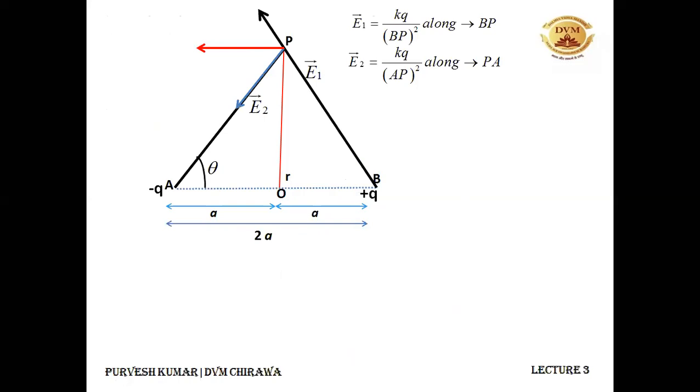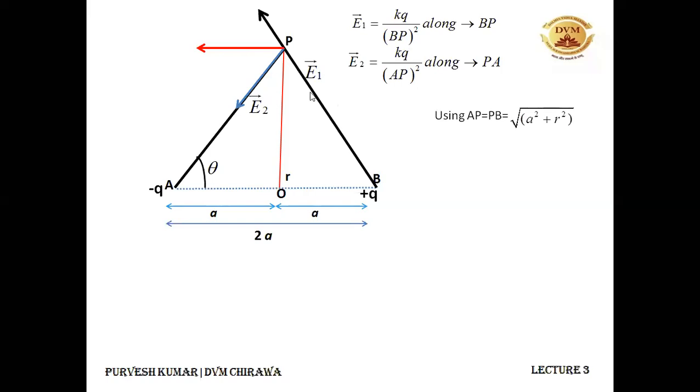This was the thing that we obtained in the previous slide. E1 is equal to KQ upon BP square, and E2 is equal to KQ upon AP square. The direction of E1 is along BP. The direction of E2 is along PA. Now, this BP and AP we need to find.